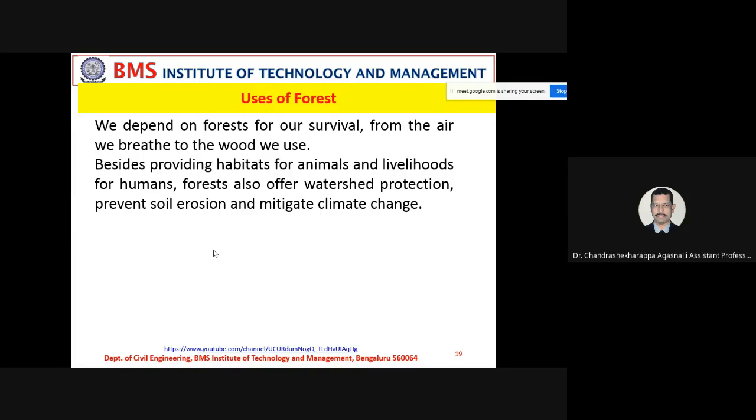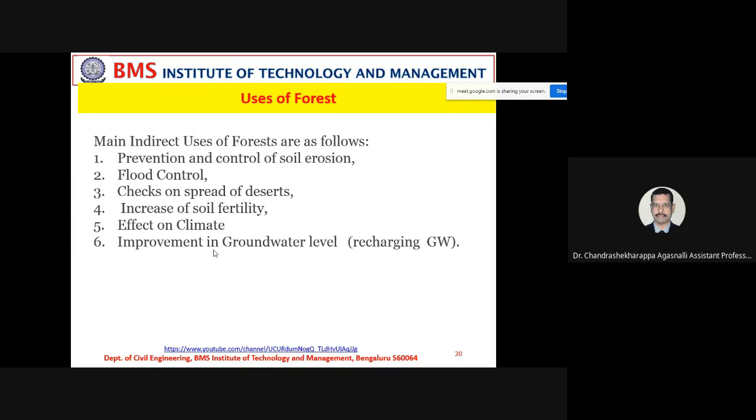It also prevents soil erosion and mitigates climate change. We discussed the increase of soil fertility, the effect on climate change, flood control, control of soil erosion, and improvement in groundwater levels, that is, recharging of groundwater. These are the main uses of forest.